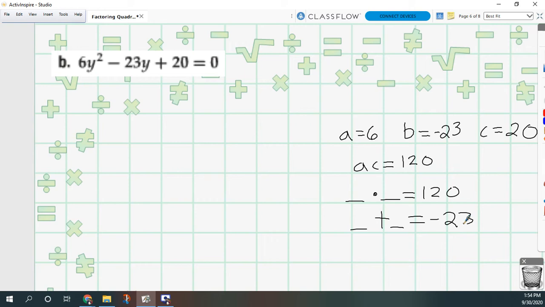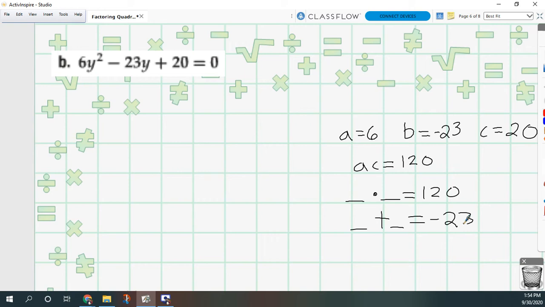So notice if we use 2, we would have 2 and 60, so that's not going to work. If we had 3, we would have 3 and 40, so that's also not going to work. If we had 4, we would have 4 and 30, so we're getting closer, but still not quite.